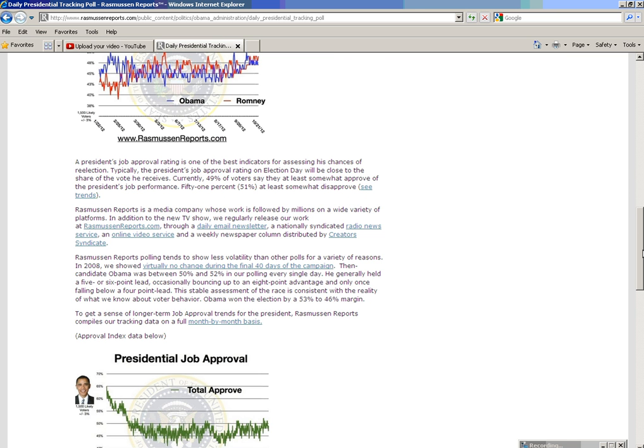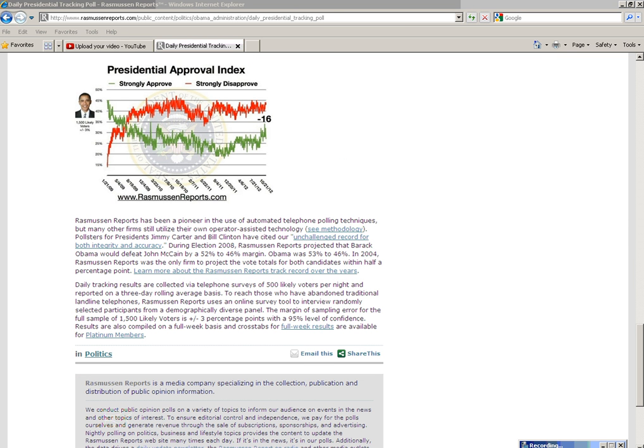Okay, as I go down here, okay, here's what I was looking for. It says Rasmussen Reports has been a pioneer in the use of automated telephone polling techniques, but many other firms still utilize their own operator-assisted technology. And we can see the methodology, which we're going to look at here in a second.